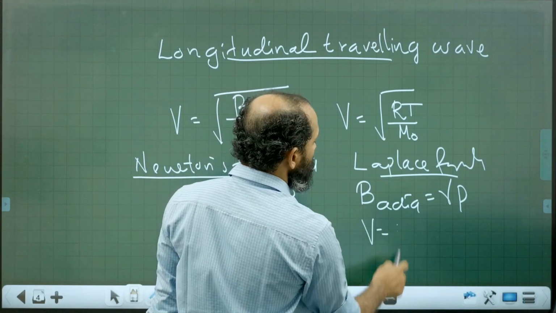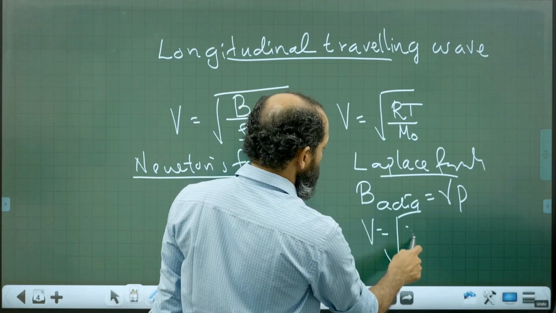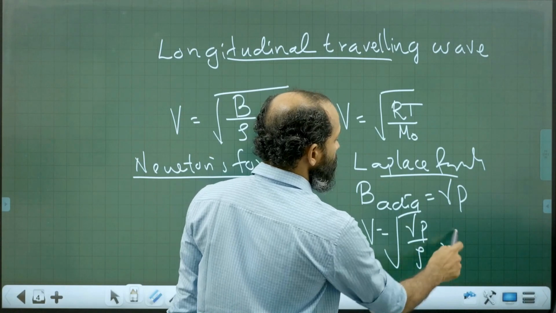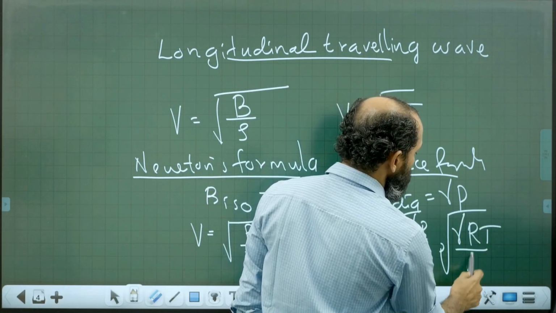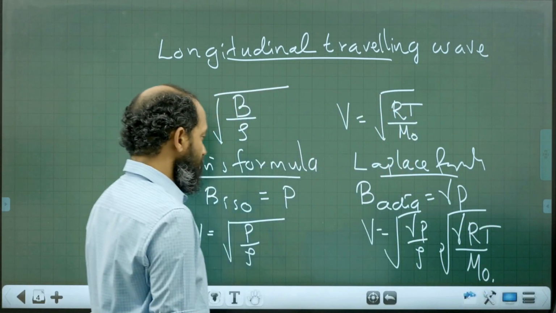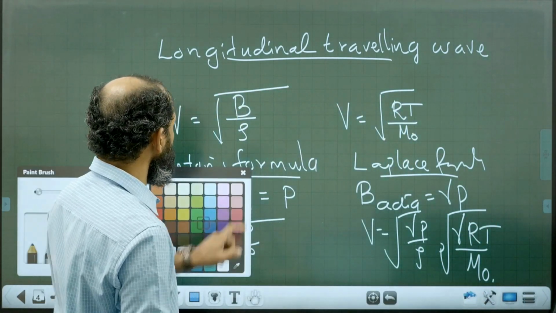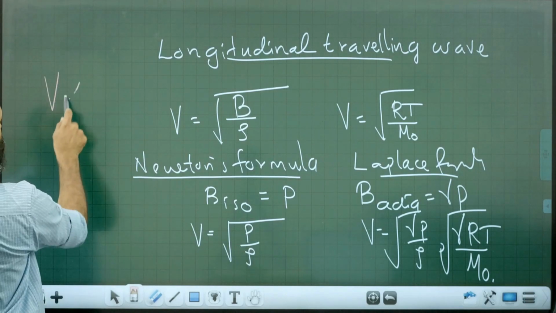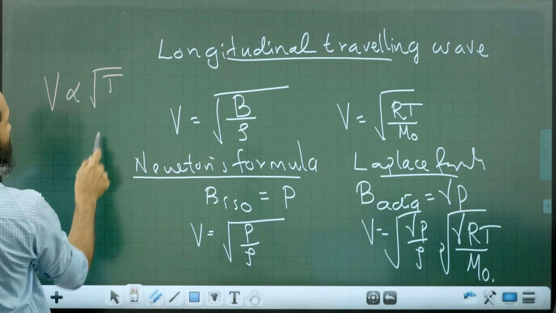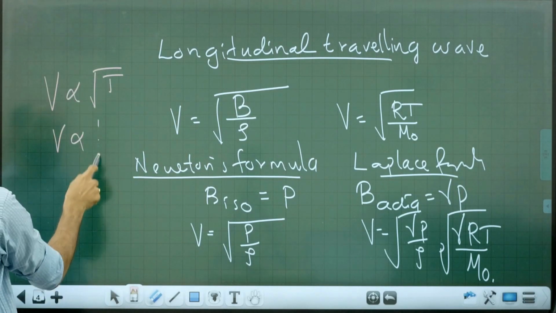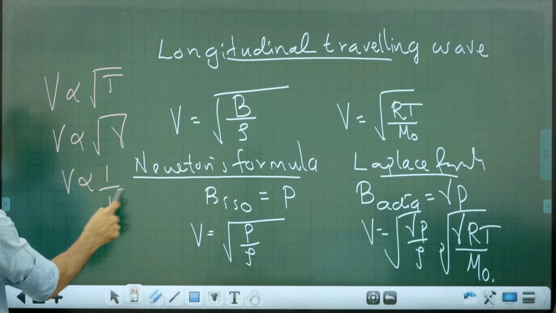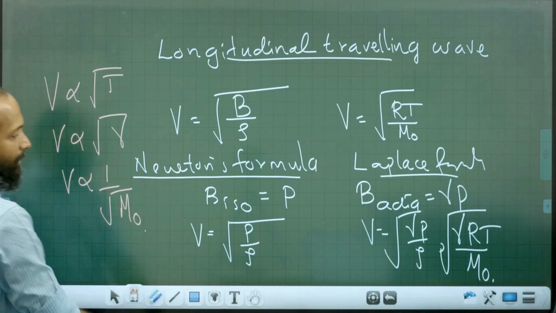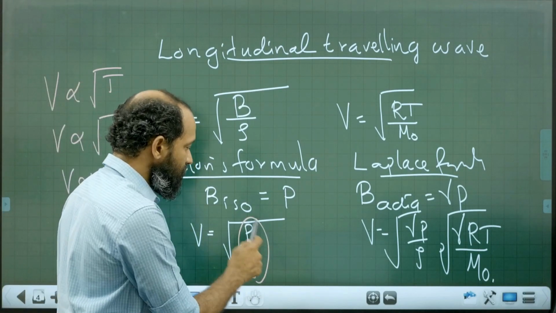Then velocity becomes root of gamma P by rho or root of gamma RT divided by M0. So you can use this second formula, that's very important. So velocity is proportional to square root of temperature, proportional to square root of gamma, and proportional to 1 by square root of M0.